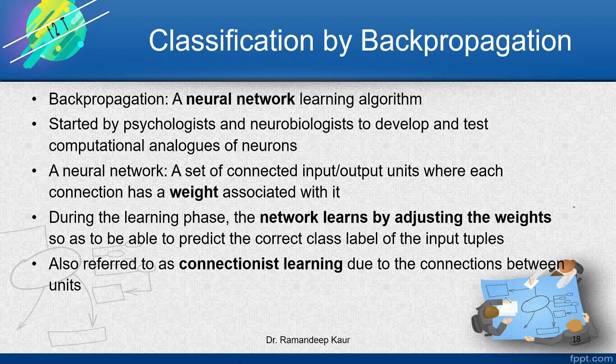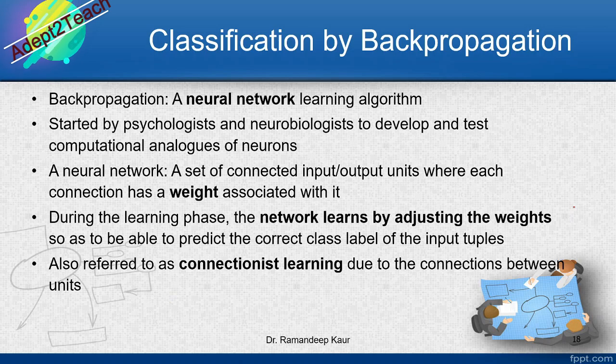Next topic is classification by backpropagation. Backpropagation works on the concept of neural networks, the structure of the neuron that we have in our body. So it works on the same concept. The artificial neural network that we are trying to construct here has a set of inputs and a set of outputs.